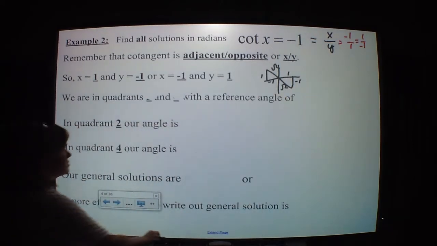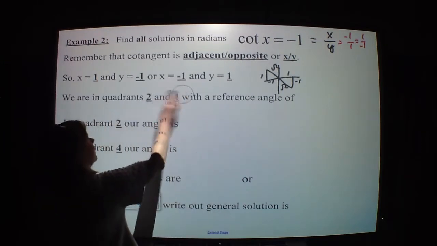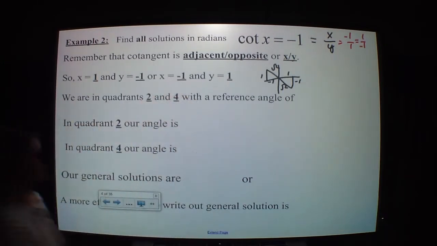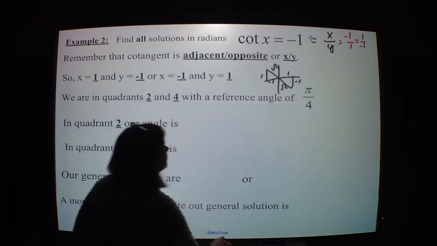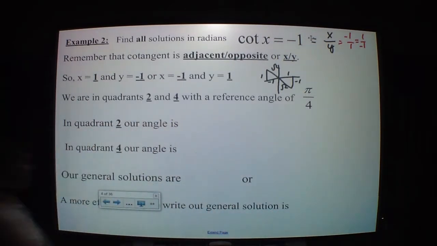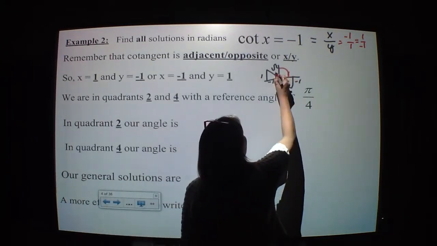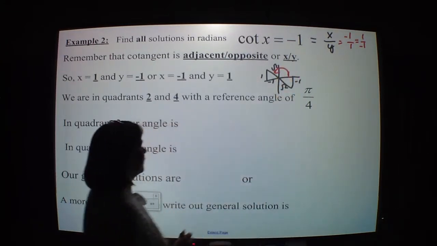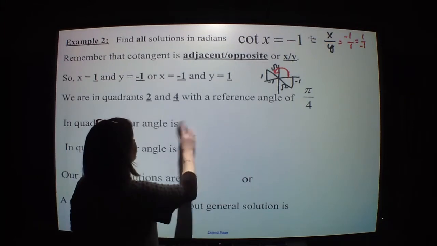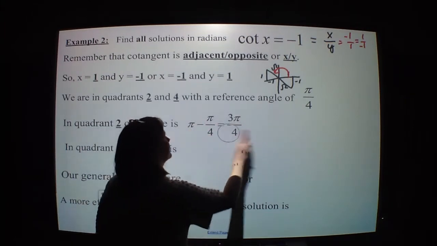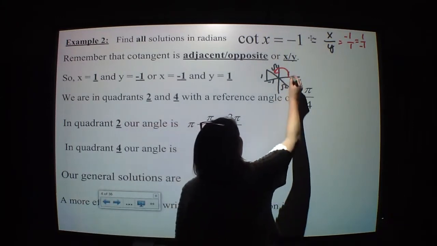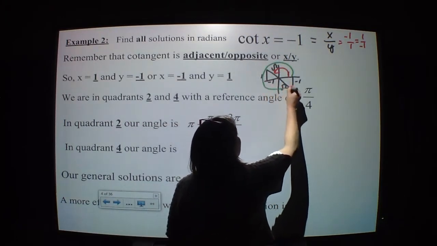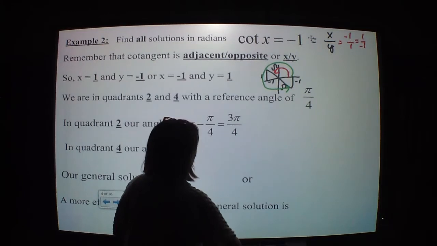So I'm in quadrants 2 and 4, and my reference angle is 45 degrees, or pi over 4. So in the second quadrant, my angle is, in radians, 3 pi over 4. And in the fourth quadrant, my angle is 7 pi over 4.